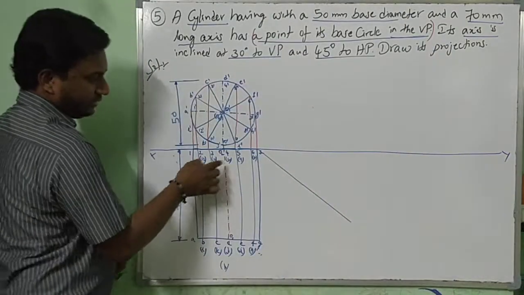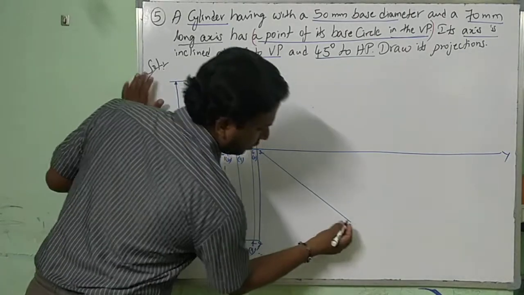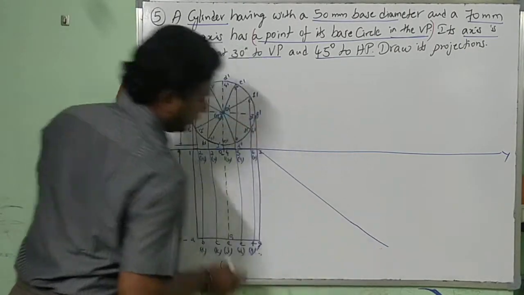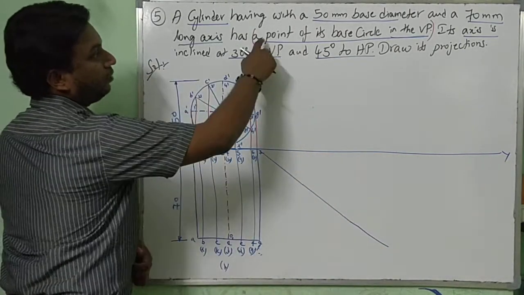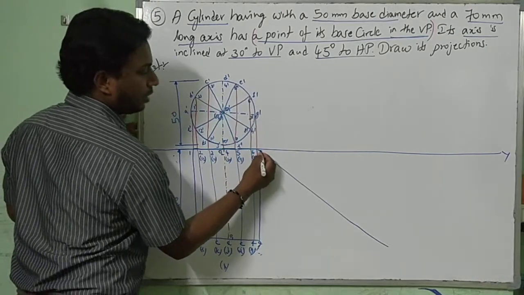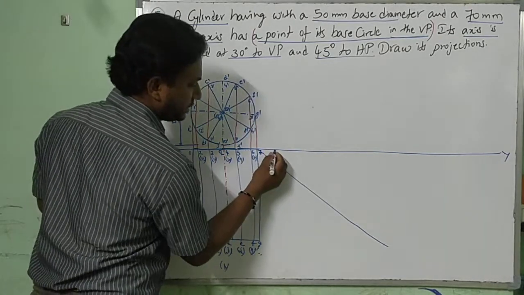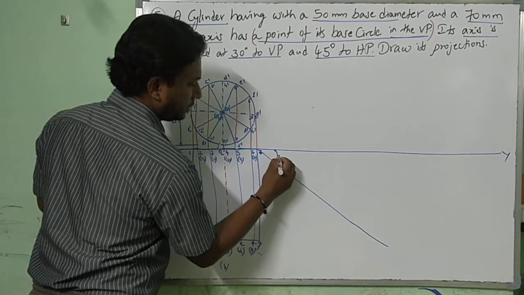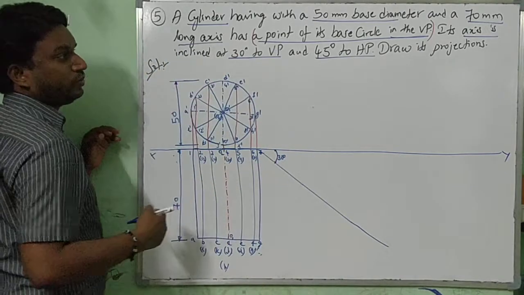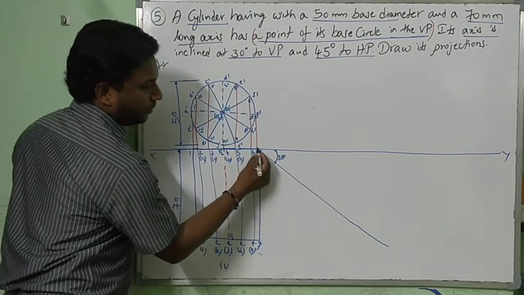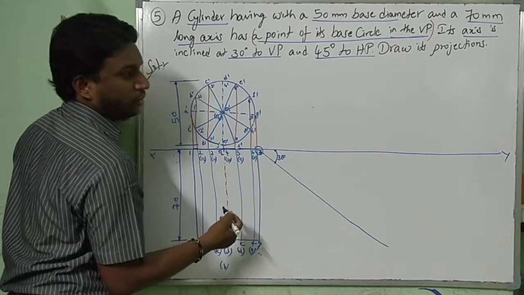Now this has to be drawn with respect to the center line, right? You can extend it. At the same time, one point should be on the VP. So that point I am considering as the 7th point.